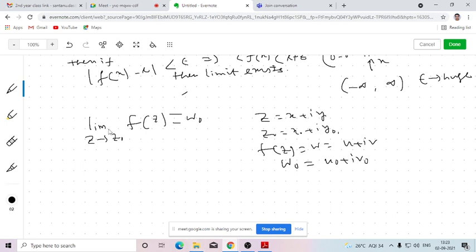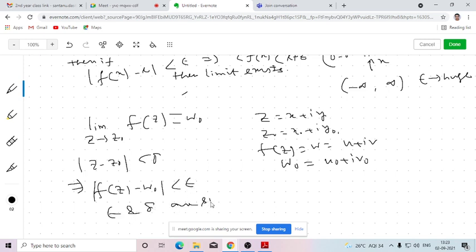So around the independent variable z0 we need to take some neighborhood of length delta. If the same definition is used, then if |z minus z0| is less than delta implies |f(z) minus w0| is less than epsilon, where epsilon and delta are both small and comparable, then we say that the limit will exist and will be equal to w0 at the point z equals z0.